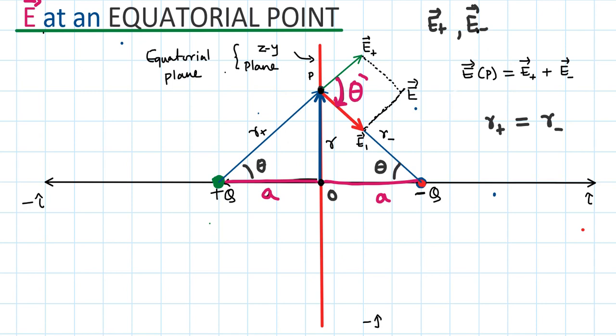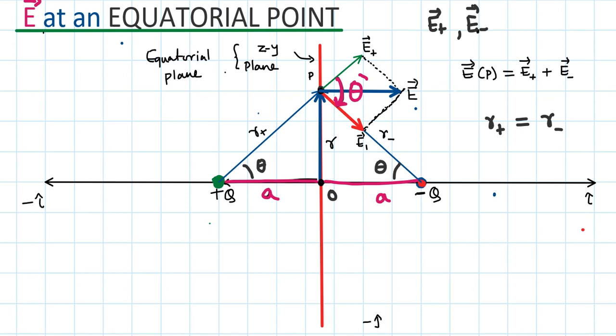So the values of the electric fields E plus and E minus due to the point charges will be the same. The magnitudes will be the same. That means the length of the arrows will be the same, which results in a sum that will bisect the angle theta prime. So now you know why I am doing that.